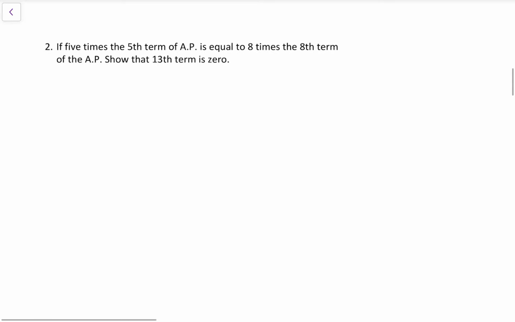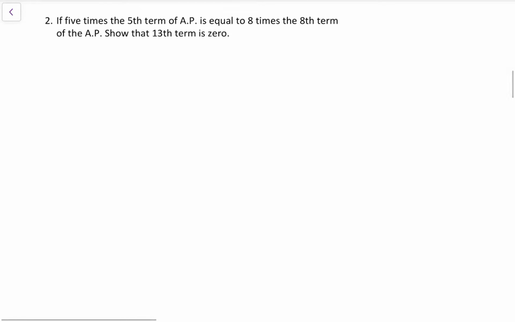Let's go to the next question. If 5 times the fifth term of an AP is equal to 8 times the eighth term, we need to find that the 13th term is 0. So we can write A5 and A8.